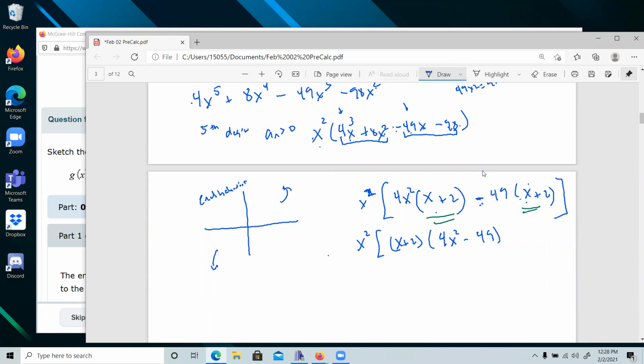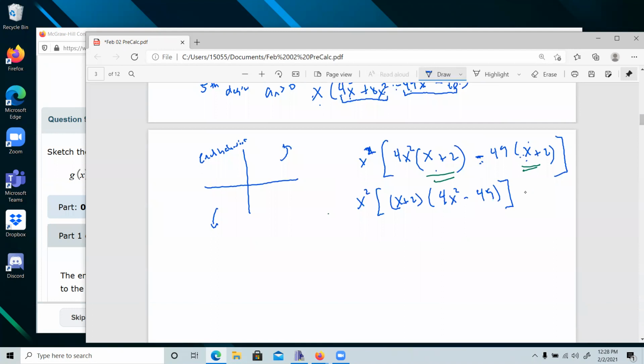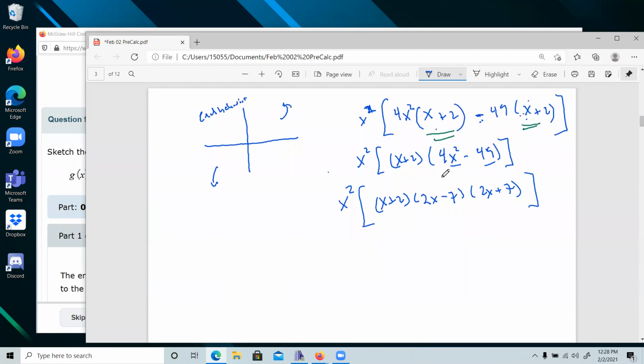You should always check. If I put this back in, do I end up here again? Yes. But don't answer yet, because that's the difference of 2 squares. So we can even keep this going further: x plus 2, and then we have 2x minus 7 and 2x plus 7, and that's finally all of our pieces.